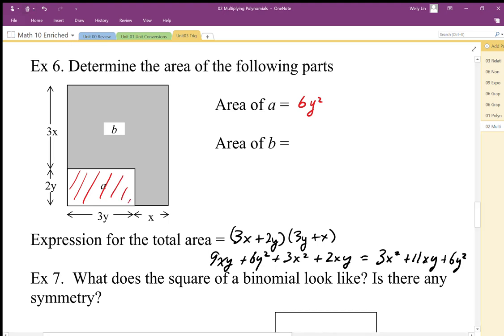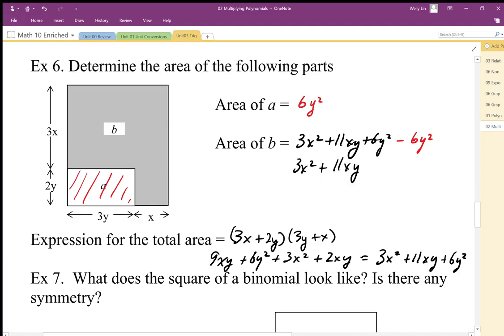If I were to do that, I can do 3x squared plus 11xy plus 6y squared, the total area, and I can take away that area of 6y squared, and that gives me the net area of 3x squared plus 11xy.